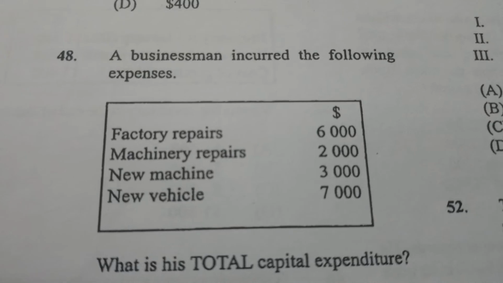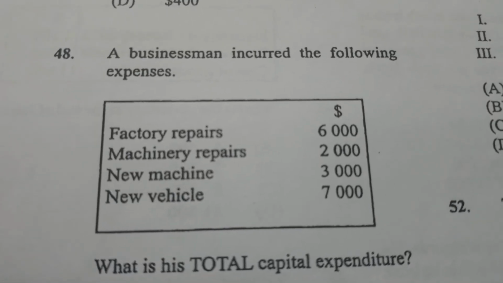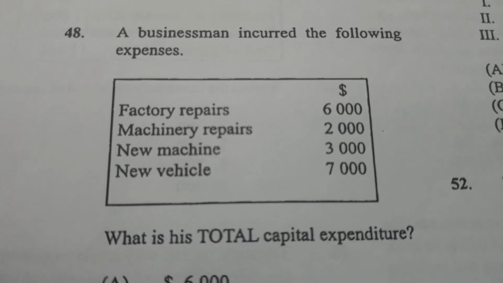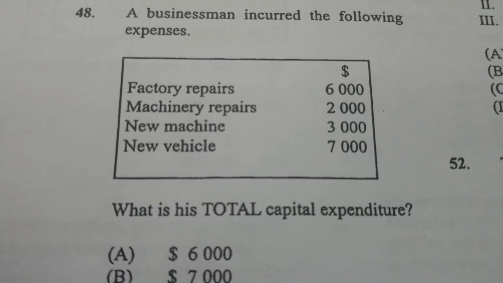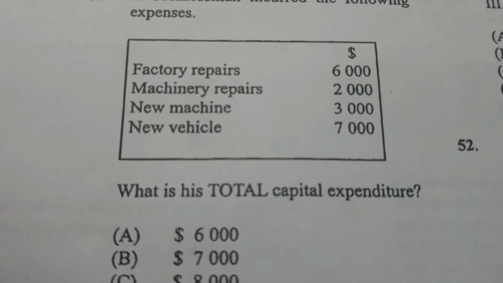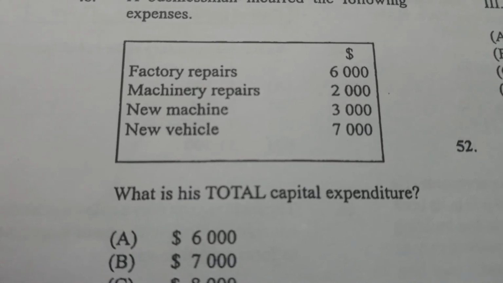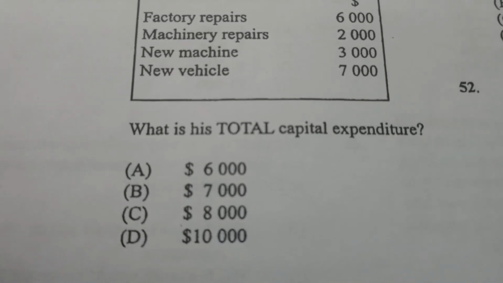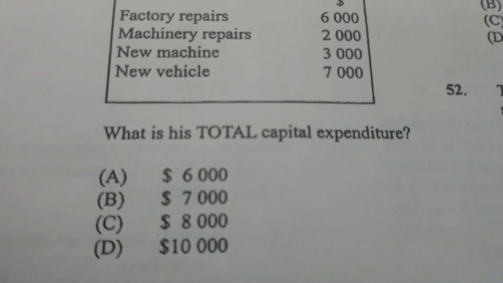Question 48. A businessman incurred the following expenses, and it is listed here. What is the total capital expenditure? All right, so it would have been the new machine and the new vehicle, $10,000. Answer is D, $10,000. Item 49.